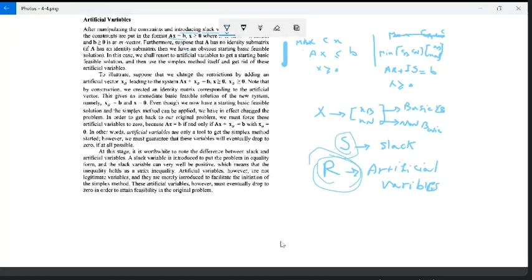In your book, Rx less than or equal to b changes to Rx plus Is x_S, where S is a slack variable, equal to b.